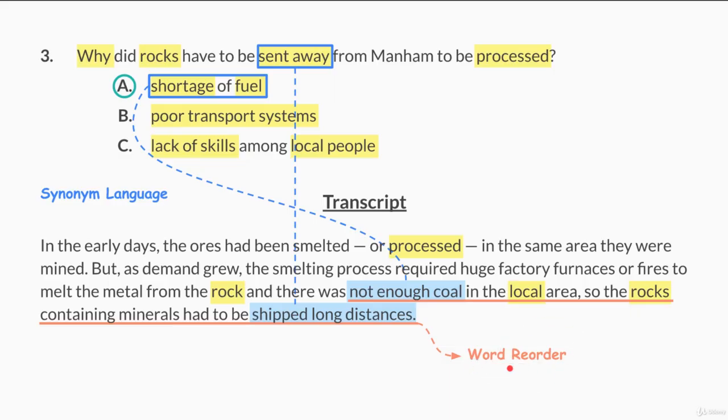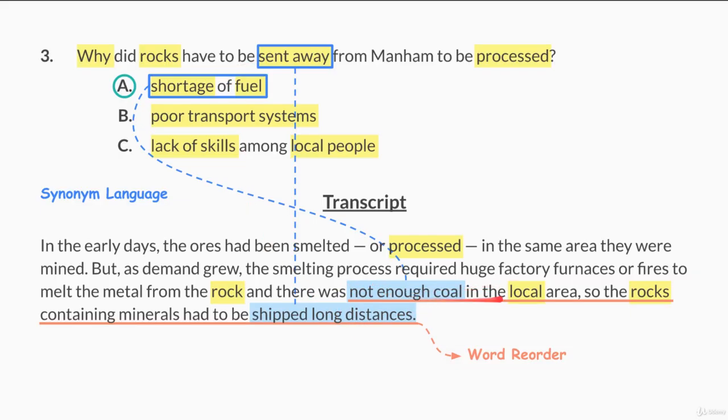simple word reorder. So you may recall that word reorder happens when we switch around the position of the words or position of the phrases. So here in the question, it first talks about why the rocks had to be sent away, and then here it talks about the answer, which is the shortage of fuel, right? So first it has the question and then the answer. Over here we have it the other way around.